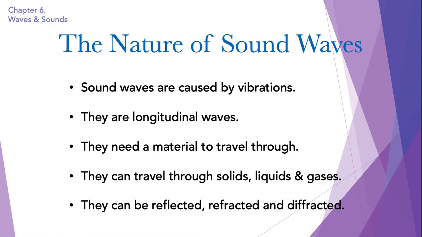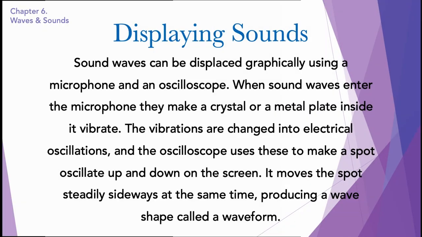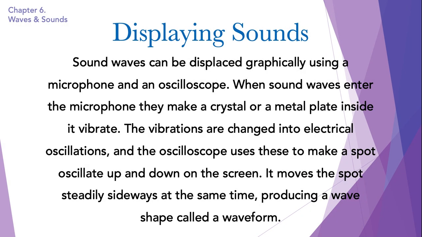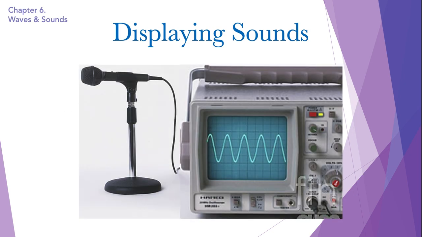And we saw the nature of sound waves. And then we understood how we display sounds graphically using a microphone and an oscilloscope. We saw how an oscilloscope converts a sound into a waveform. After this, we understood how we reduce sounds.